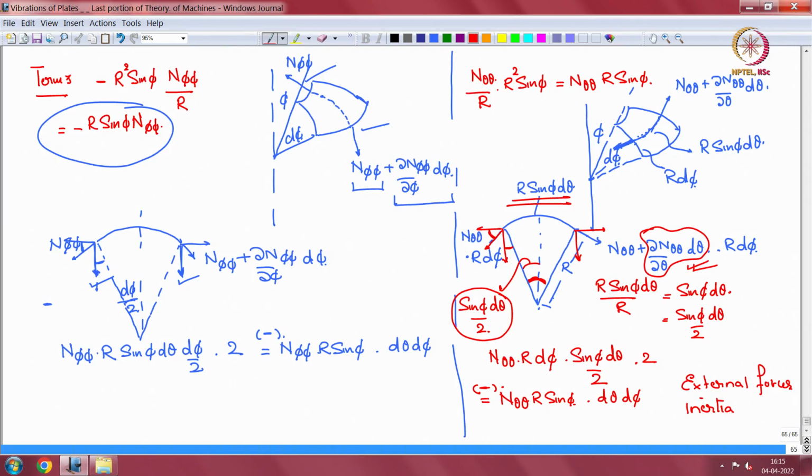Okay. Now, so that completes the thought process involved in looking at individual terms with respect to a spherical coordinate system. Okay. So, I hope you can figure out for all other coordinate systems the idea is very similar.